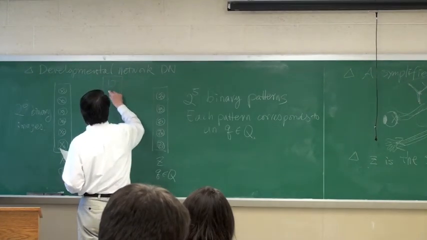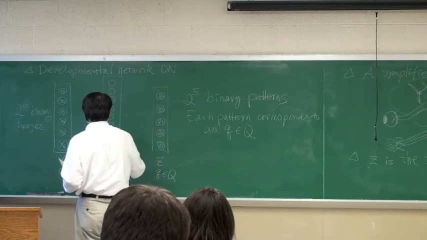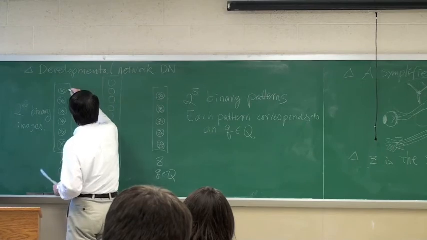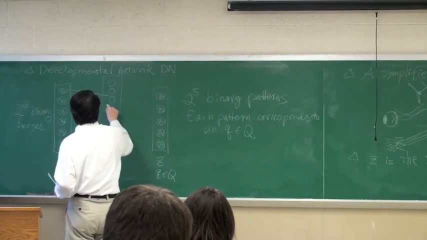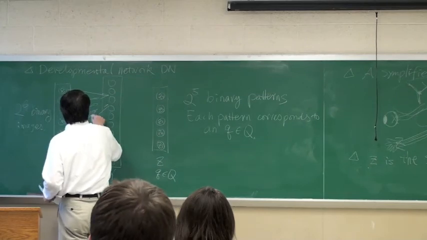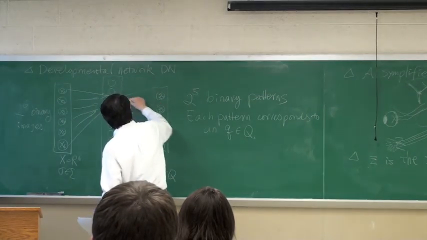Then Y goes like this. You have say 0, 1, 2, 3, 4, 5, 6, 7, 8, 9. Each input will take this input like this, and each will take input from here too.